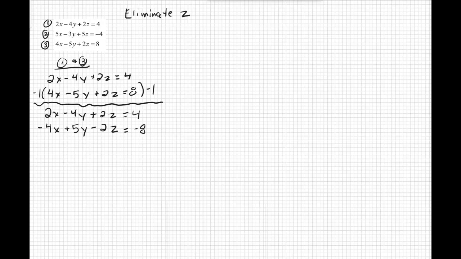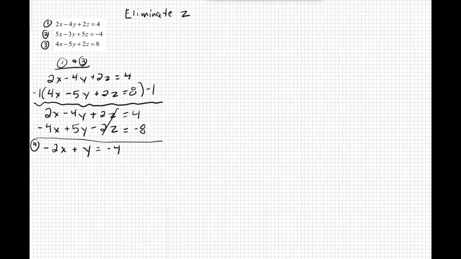Don't forget to multiply both sides. Now I can simply combine these 2 equations or add them together. We will get -2x plus y. Those z's are going to cancel each other out, and that's going to equal -4. I'm going to name that equation number 4.